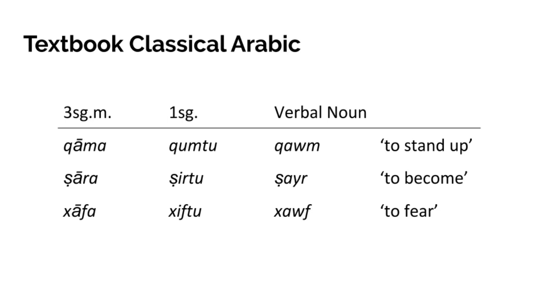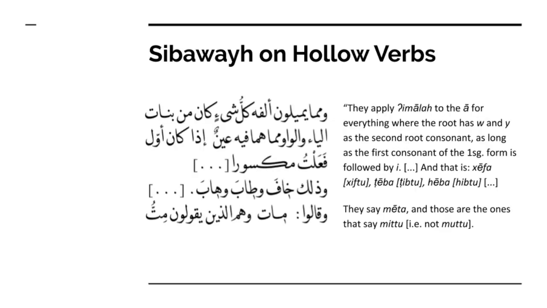But this is not the only system that is described. If we turn to Sibawayh, and not just Sibawayh, it's really any grammarian that we look at, if we look at Al-Farra, or even as late as Zamakhshari, we find these kinds of descriptions. Sibawayh says about these hollow verbs that they apply imala to the a for everything where the root has a waw or a ya as a second root consonant, as long as the first consonant of the first singular form is followed by an i.